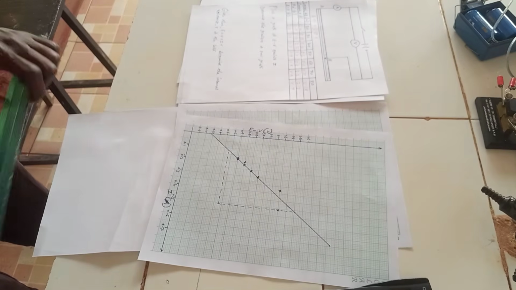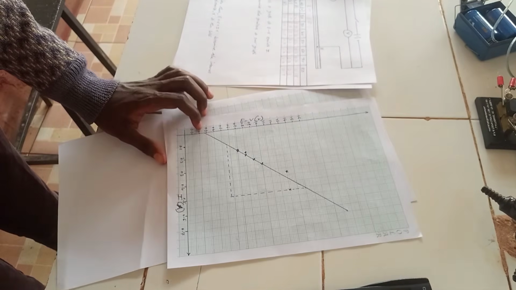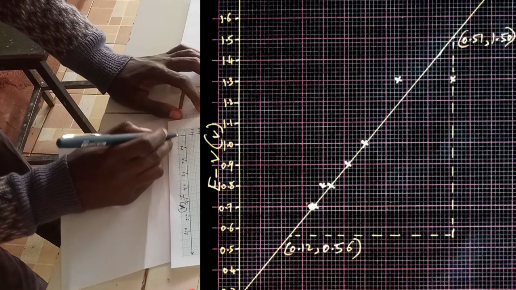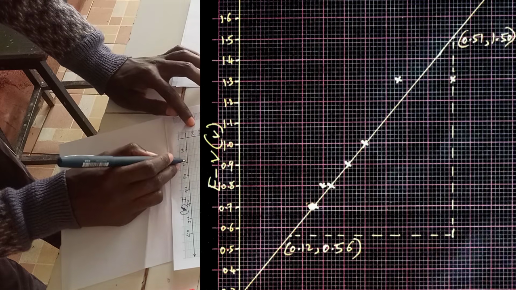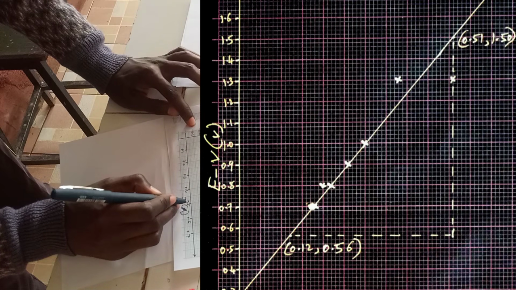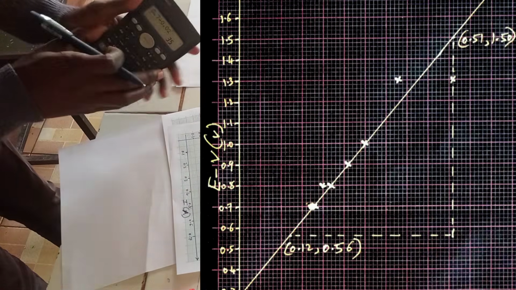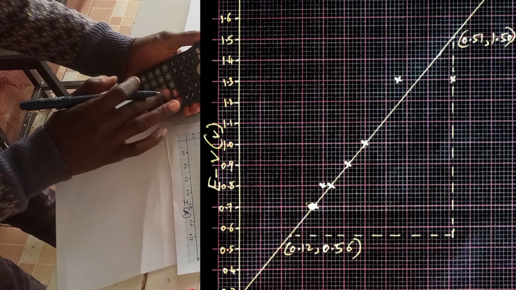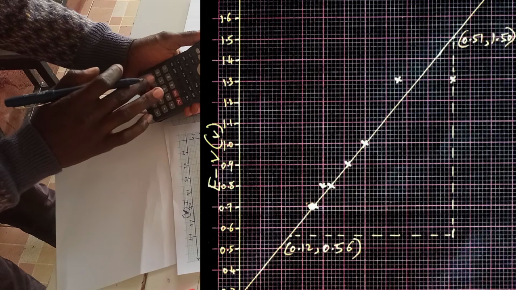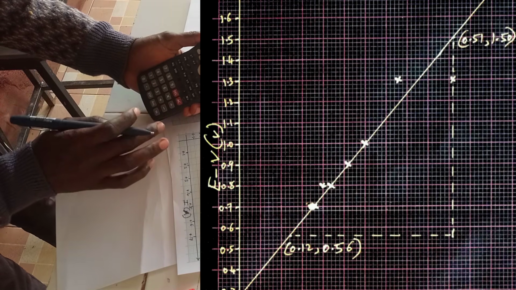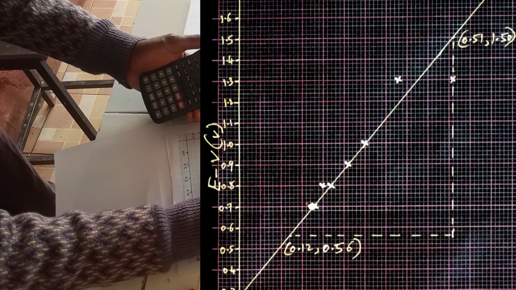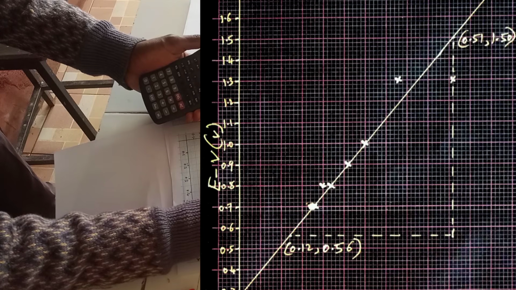Once we have identified the readable points, let's read them. These are 10, 20, 30, 40, 50, 51 squares, times 0.01. That is 0.51. Then this one is 1.5.